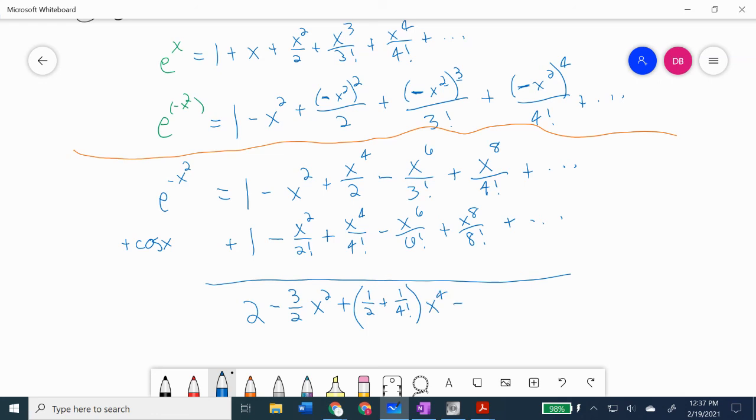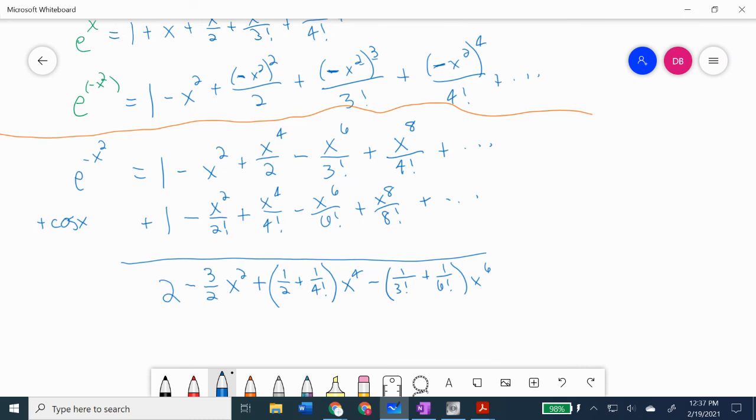Then minus, and then I have 1 over 3 factorial plus 1 over 6 factorial. And then plus 1 over 4 factorial plus 1 over 8 factorial. Now, if you needed to, you could simplify those coefficients.